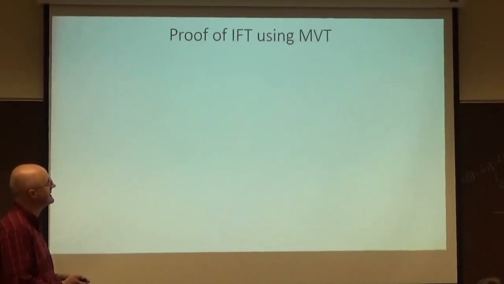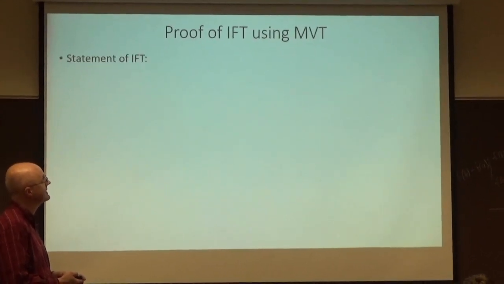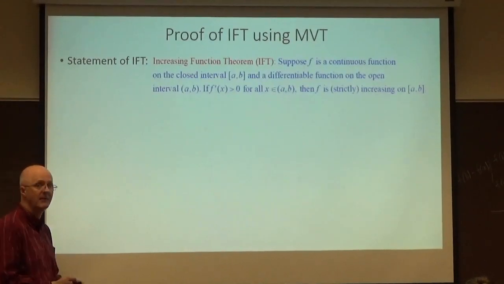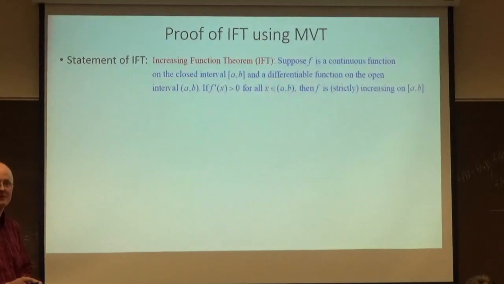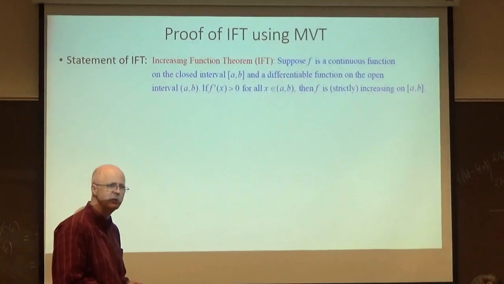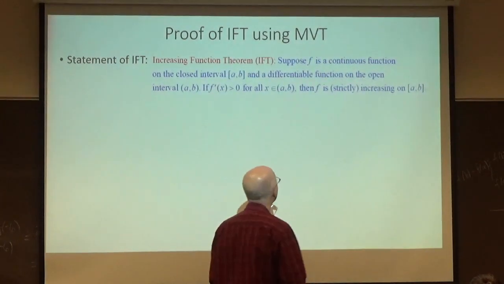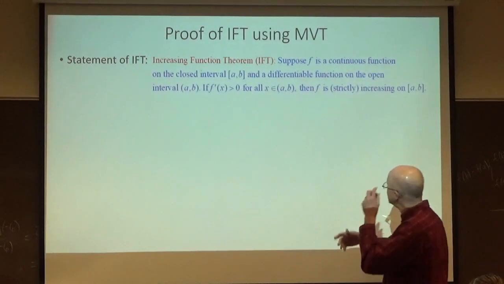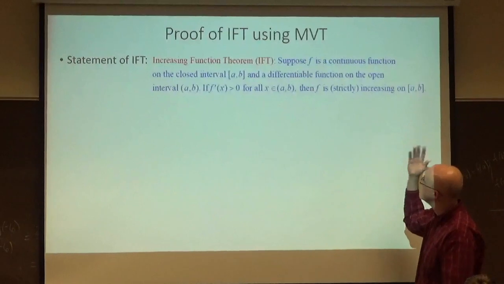But let's start by using the MVT to prove another theorem called the IFT. What is that? That's the Increasing Function Theorem. We've talked about that before, even before exam 2. The hypotheses are the same as the mean value theorem at the start.